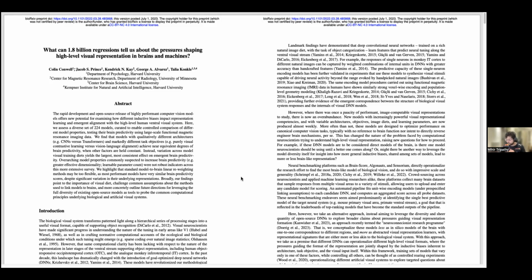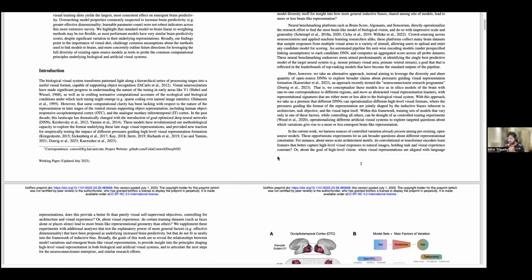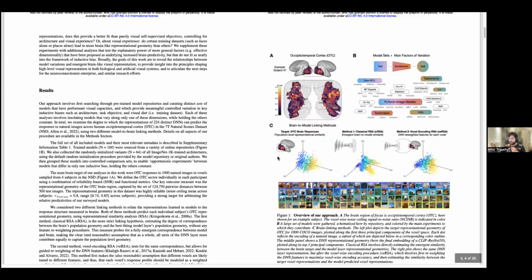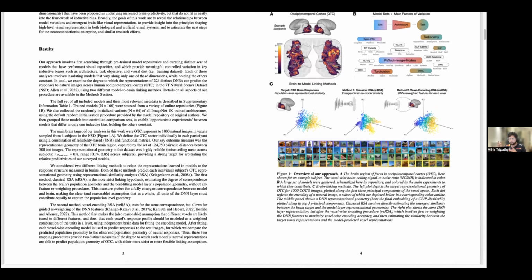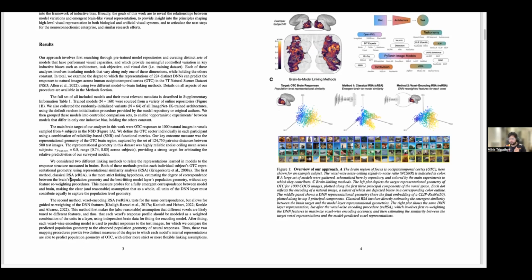Before getting into detail about what the authors actually discussed, they used two types of linking methods to compare the two embeddings: classic RSA, or representational similarity analysis, and voxel encoding RSA.